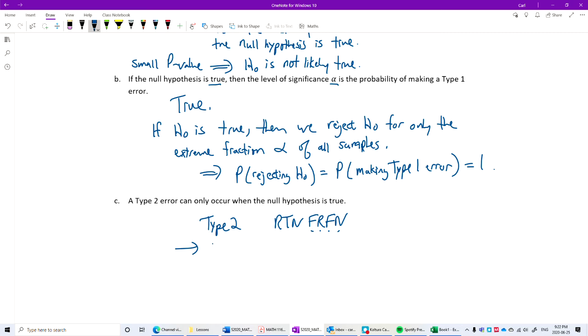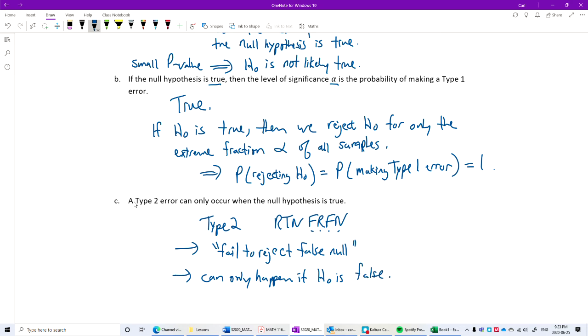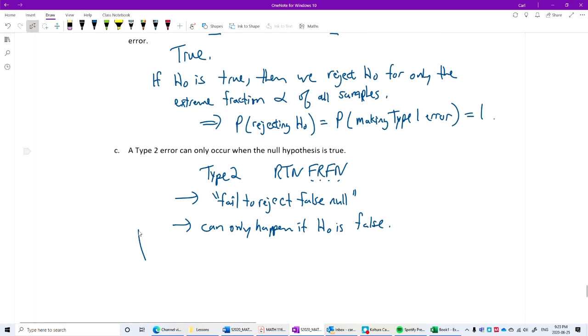Type 2 means we fail to reject a false null, so that can only happen if the null is false. So this is not true. A type 2 error can only occur when the null hypothesis is true. So this is false.